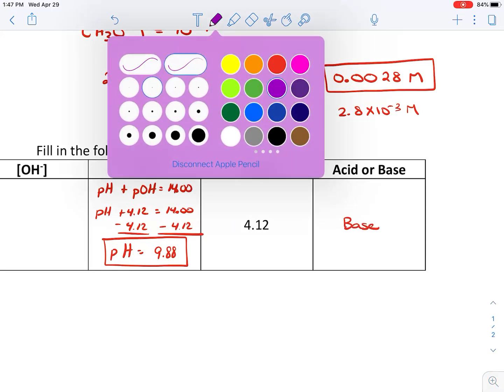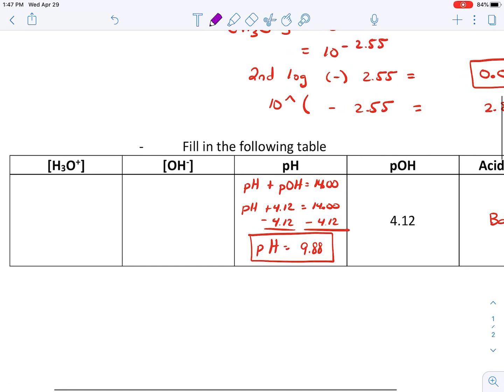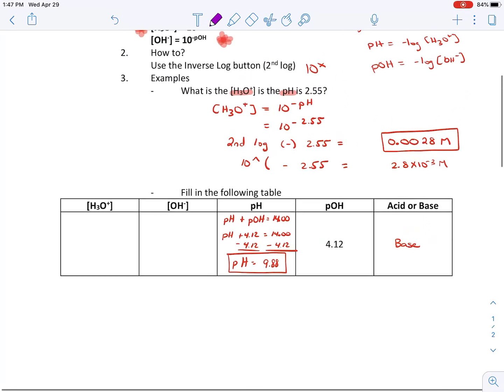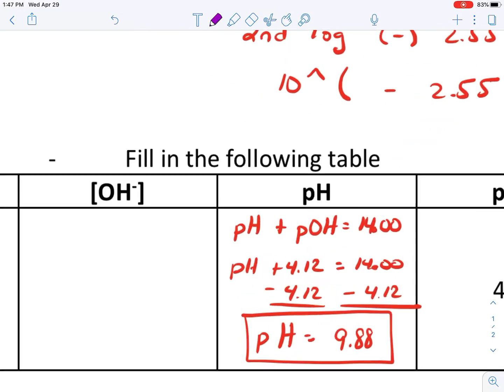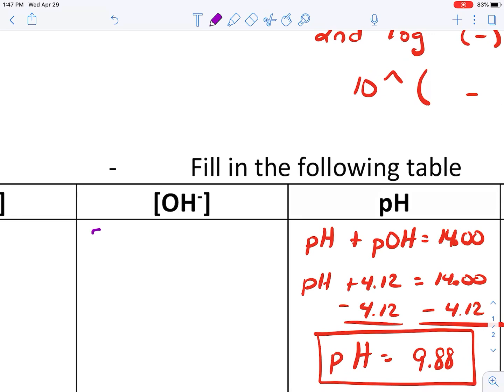Let's change colors as we work to the next one. From pOH, we can find our hydroxide ion concentration using a new formula that we just got today, this bottom one right here. The formula we're using is our hydroxide ion concentration is equal to 10 to the negative pOH.